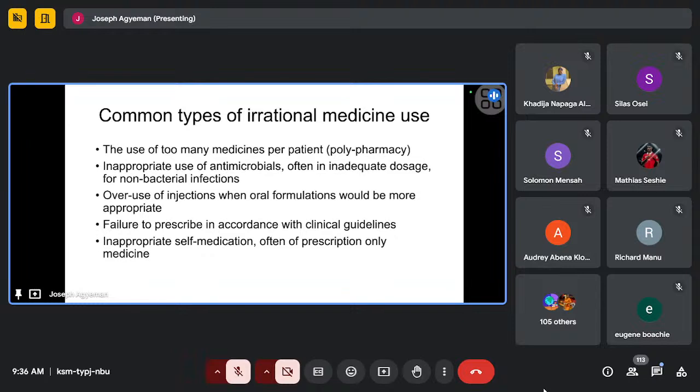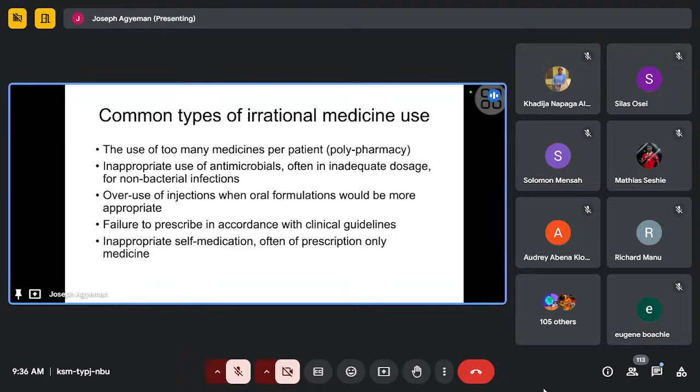When a clinician fails to prescribe in accordance with clinical guidelines, it's likely that you can make mistakes. If you follow clinical guidelines, it is less likely to make mistakes than doing your own thing, because the clinical guidelines are based on evidence.